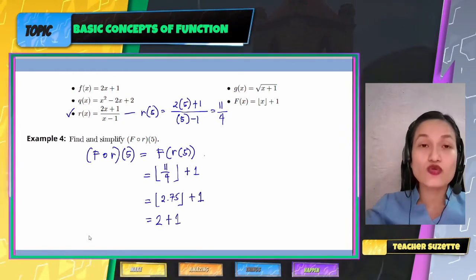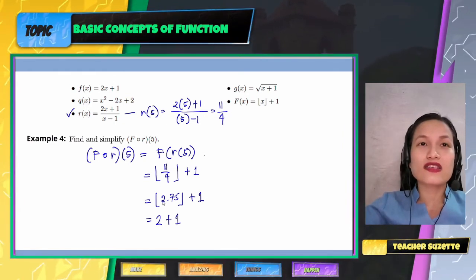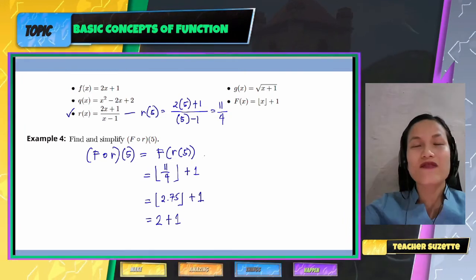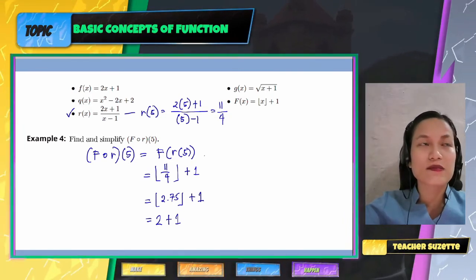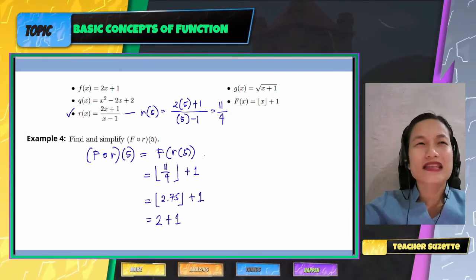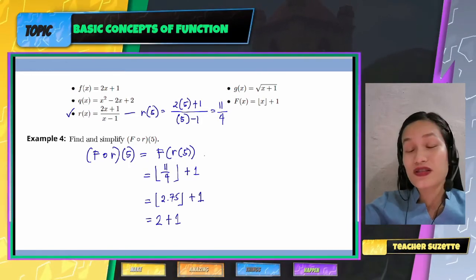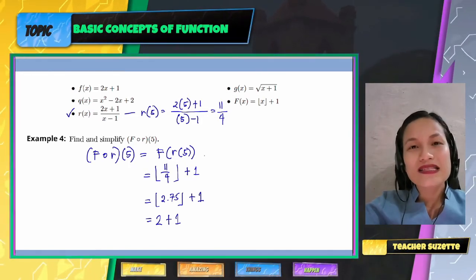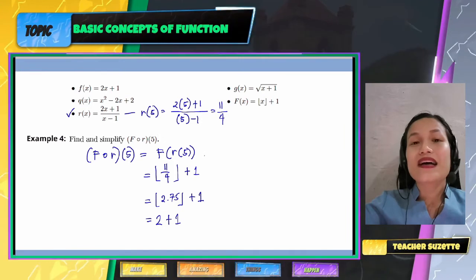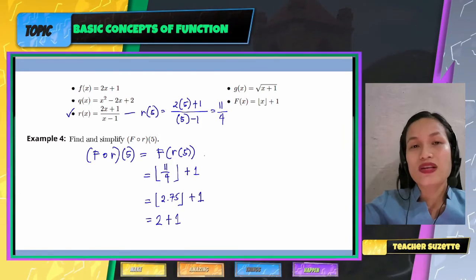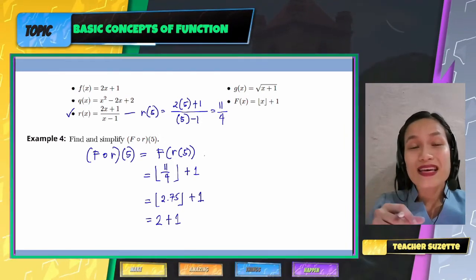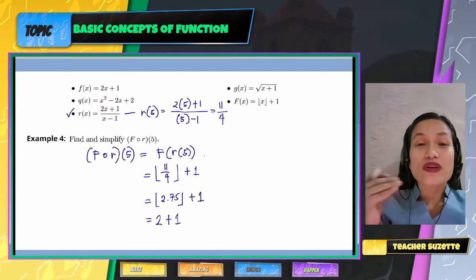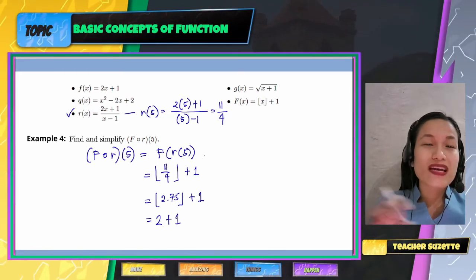Ma'am, bakit po 2 ang ating greatest integer of 2.75? So, by the definition po kasi of greatest integer, it implies that greatest integer function is a function that gives the greatest integer less than or equal to the number. So, hindi siya pwedeng maging mas mataas sa 2.75. You might wonder, ma'am, pwede po bang i-round off na lang natin?